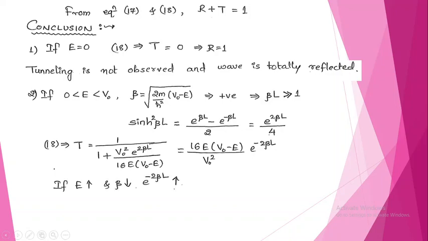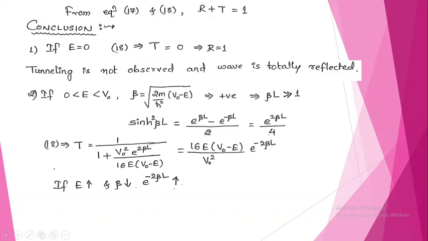And from this equation we can say that as the energy of the particle is increasing, beta is going to decrease because beta depends on E. If E is going to increase, then beta, which is V naught minus E, with V naught constant and E increasing, means beta is going to decrease.